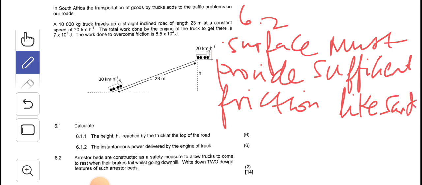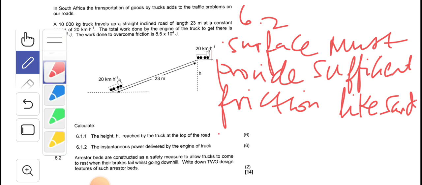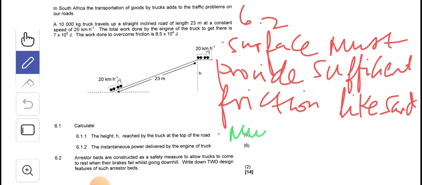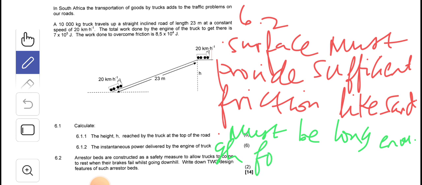Okay, that's one design feature. The next design feature: this must be long enough for the vehicle to stop.